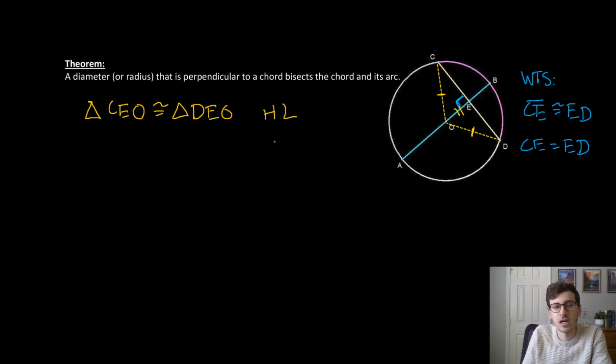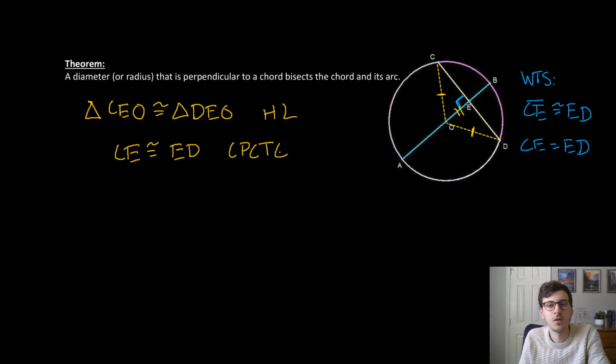And so then I can say that CE is congruent to ED by CPCTC: corresponding parts of congruent triangles are congruent, right? So again, I'm not asking you to prove anything, but just from my perspective, just to show you why that's true.